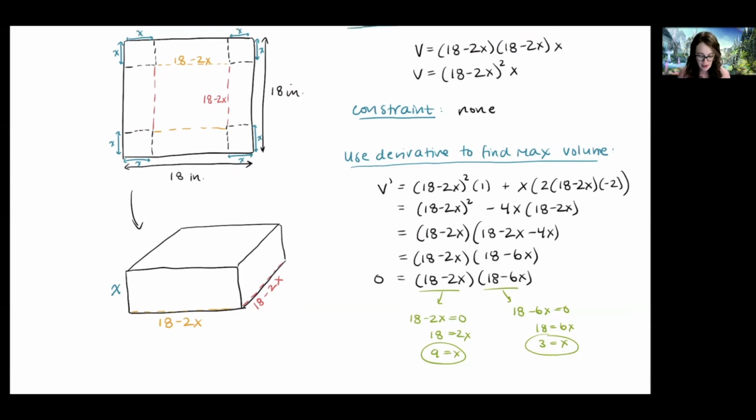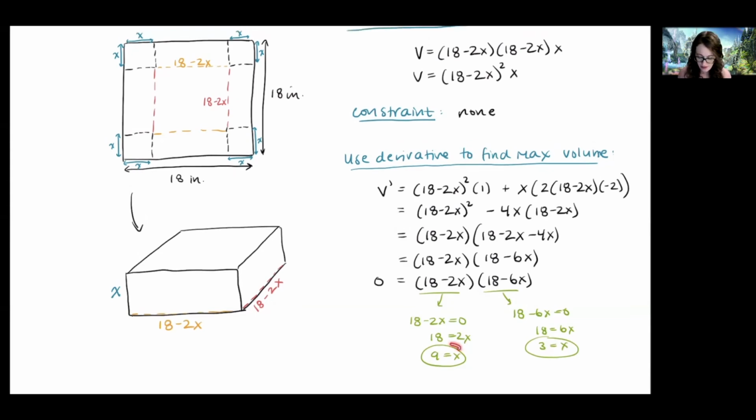If we were to cut out squares of size 9 on each side, then our x here would be 9, but the whole thing is 18. So we would cut out something of length 9 on this side, but we also have an x over here. So we would be cutting out basically the entire piece of paper if this were 9 and this were 9, right? Because that would give us 18.